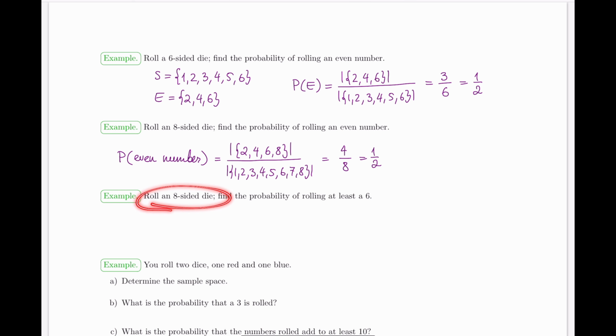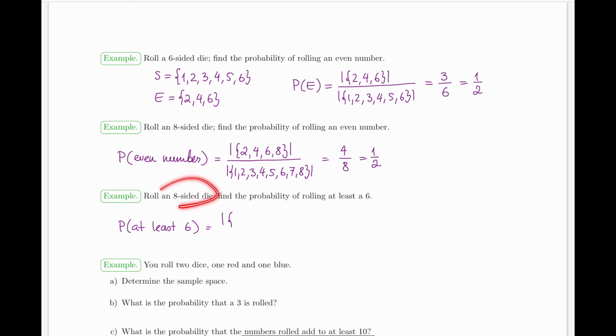We're still going to roll an 8-sided die, and we're now looking for the probability of rolling at least a 6. Okay, so the probability of seeing at least a 6 is, once again, our formula, the number of desirable outcomes. The desirable outcome is rolling at least a 6. So at least a 6 means I'm going to roll 6 or up.